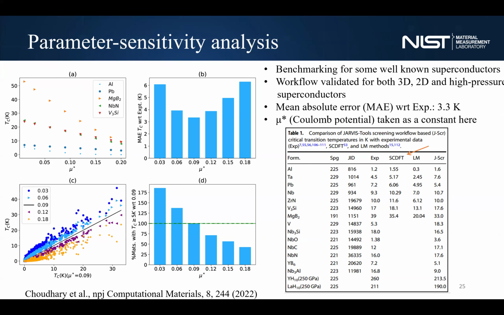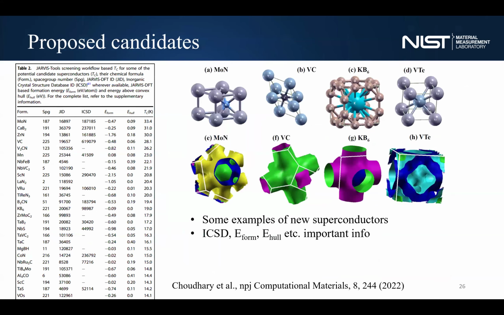After this paper, I believe a lot of research in Germany and elsewhere has expanded this idea to many other larger datasets. We spent a lot of time on benchmarking and parameter sensitivity of this mu star, and on k-point and q-point convergence, and comparison with experiments. The candidates that we propose are part of this 2022 npj paper.